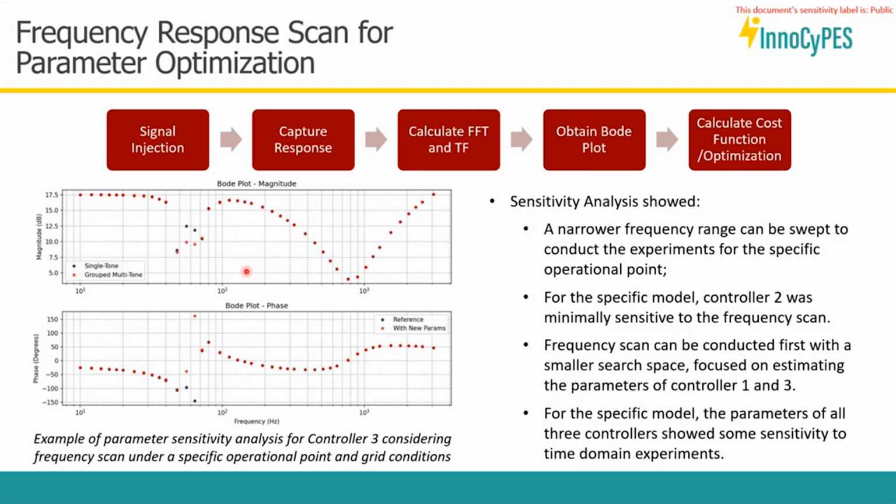Its parameters were not influencing the frequency response. The frequency scan can be conducted first with a smaller search space. Because we removed controller 2, we could focus on calibrating the parameters for controllers 1 and 3. For the specific model, the parameters of all 3 controllers showed some sensitivity to time domain experiments, but not for the frequency domain.